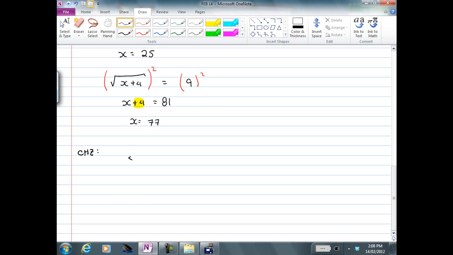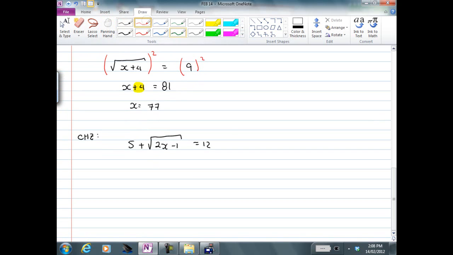What if I go 5 plus root 2x minus 1 equals 12. Now, before you solve this, this is what you should always do. Write a star.